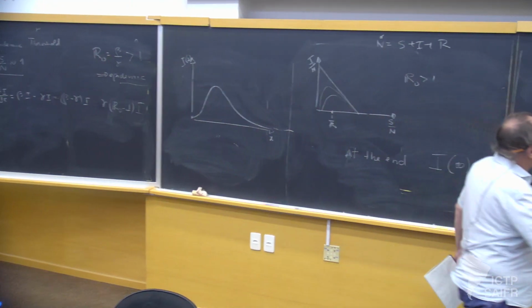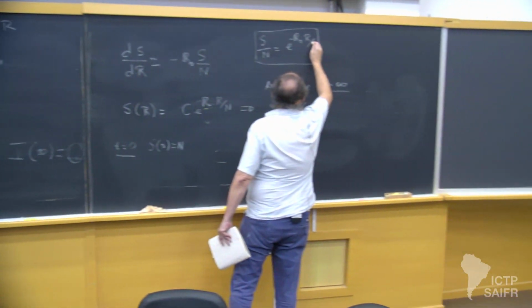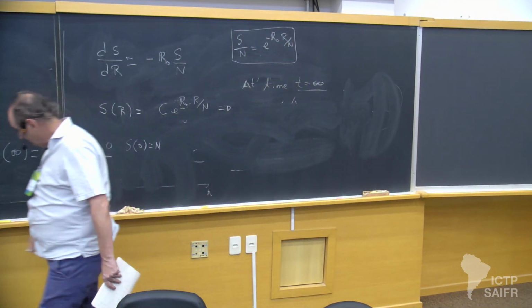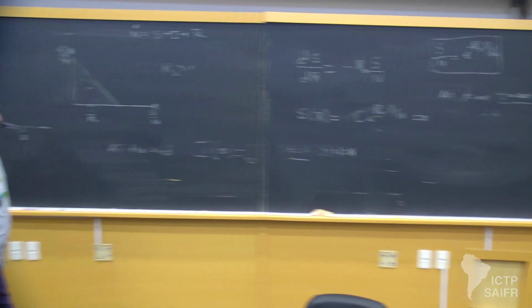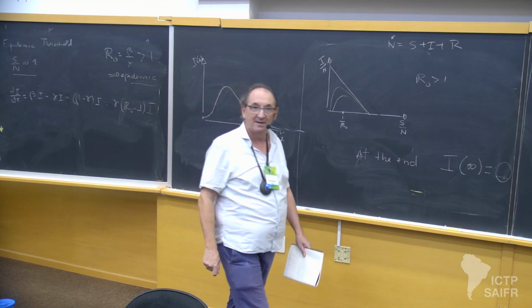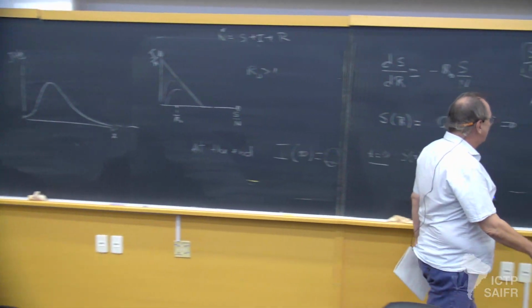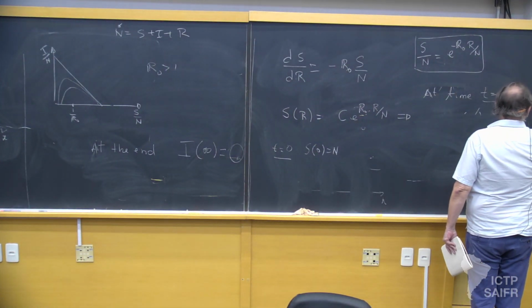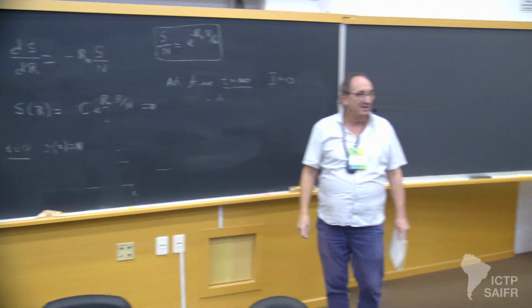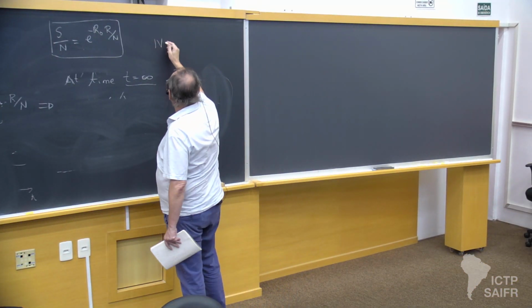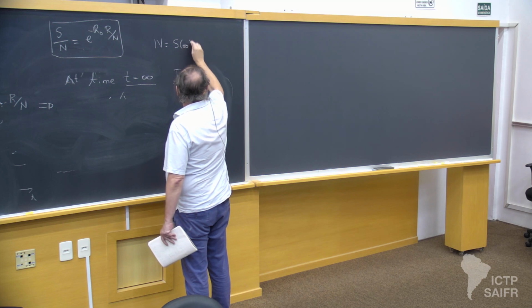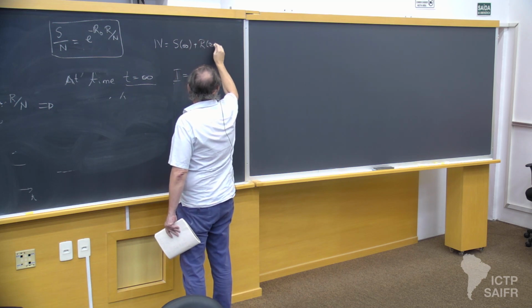Everything is on fractions, R over n. So at time t equal to infinity, we know that I is 0. Therefore, n is equal to S infinity plus R infinity.